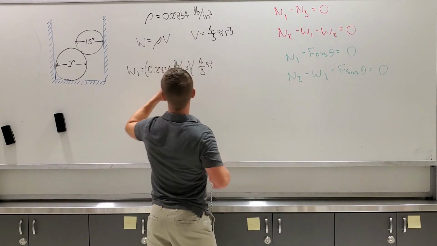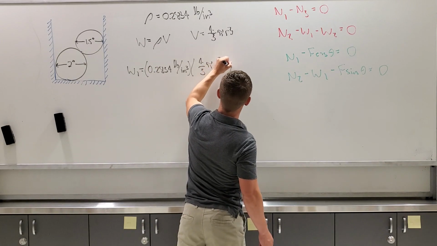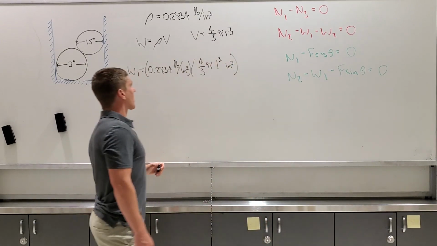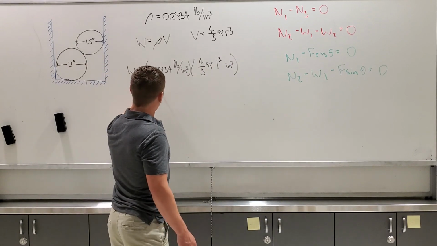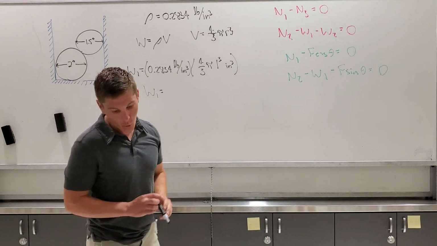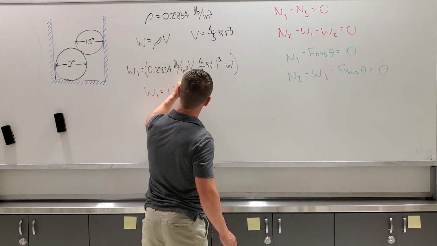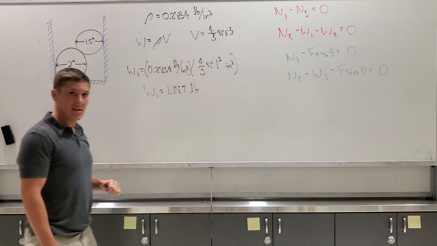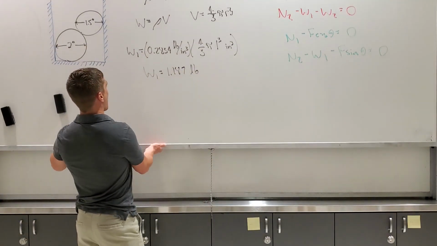The radius of the sphere is just going to be 1 inch cubed, and this is going to be inches cubed, so my inches cubed are going to cancel out. I can plug all that into my calculator, and I get the weight of ball bearing 1 is in fact 1.187 pounds.